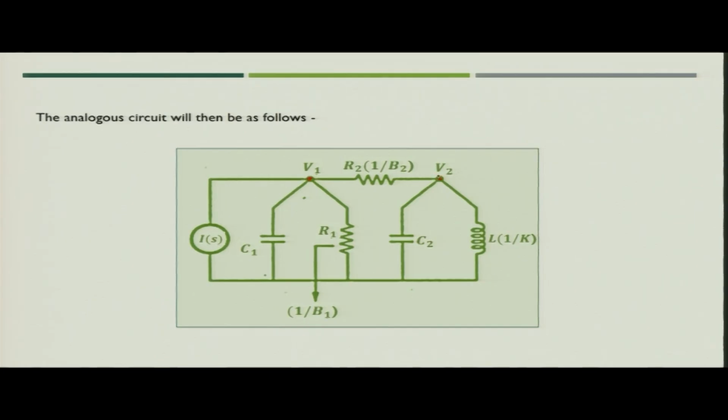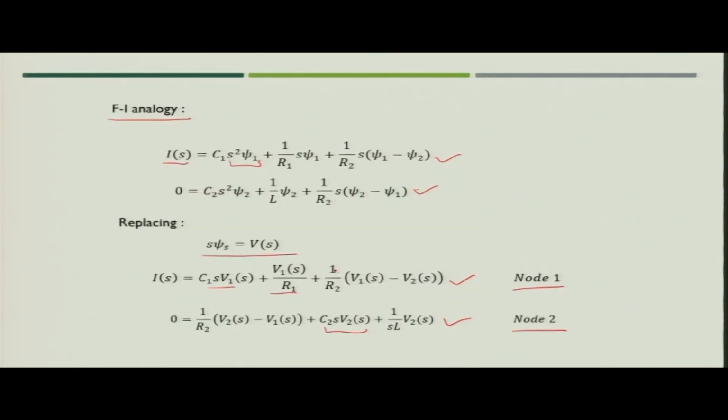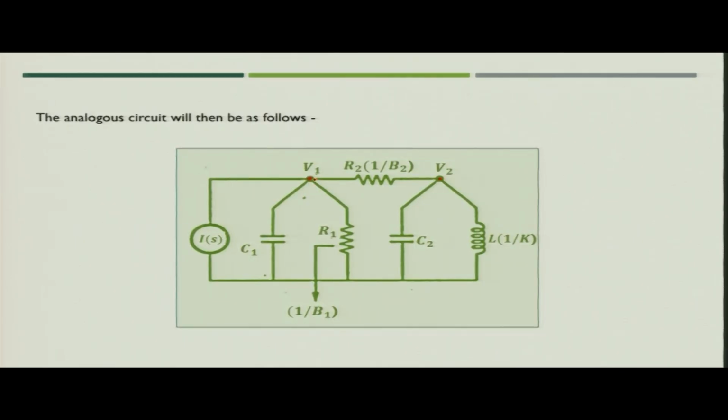Between V1 and V2 you have the resistance, which is 1 by R2, that is 1 by B2, which you can compare with the mechanical system.